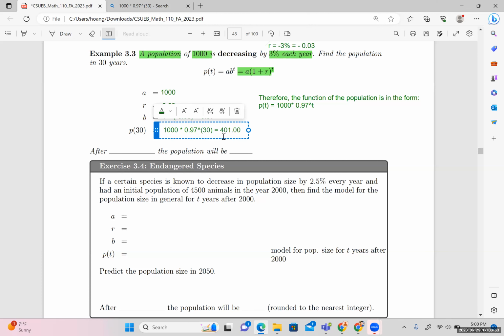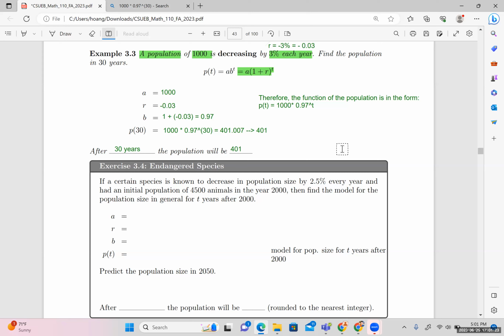Keep in mind that since we are using populations, we may have to round it to a whole number. It's going to be 401 only. So I'm going to say after 30 years, the population will be 401.